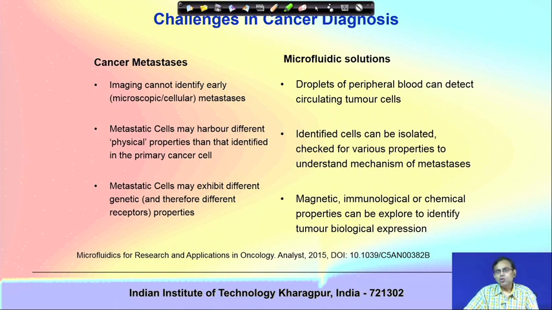So, during this metastasis, circulatory tumor cells are shed in the bloodstream, and currently there is a growing tendency that instead of doing a traditional biopsy, these circulatory tumor cells can be isolated and characterized, and then based on a simple blood test, cancer diagnostics for advanced stage cancers can be done.